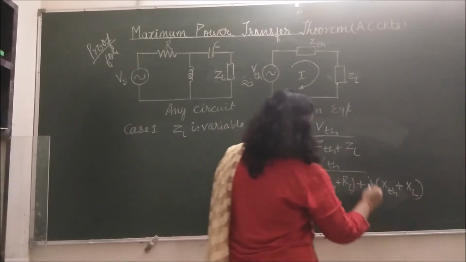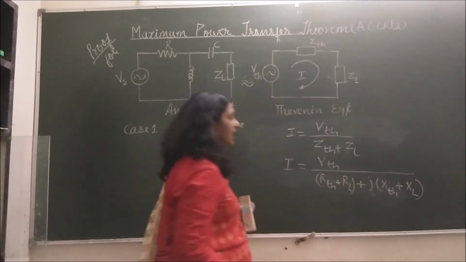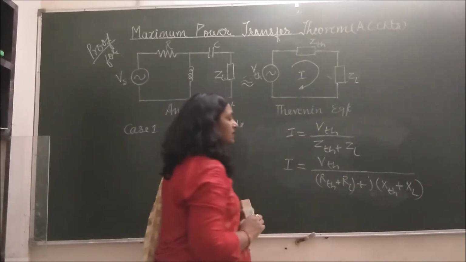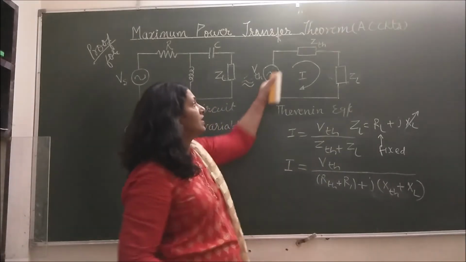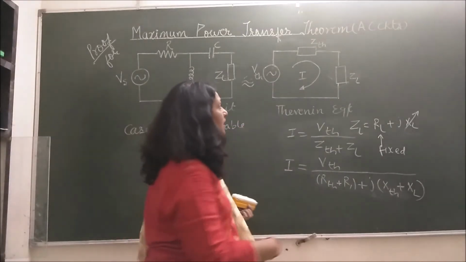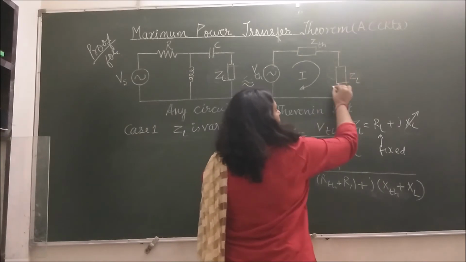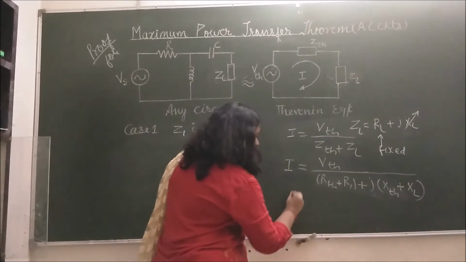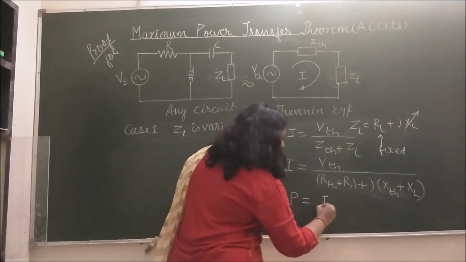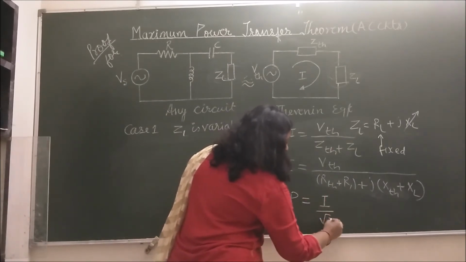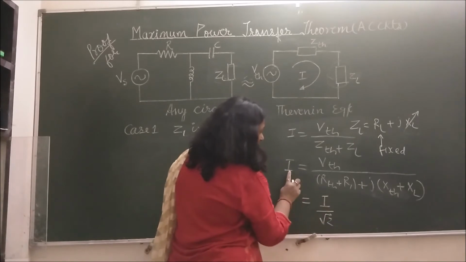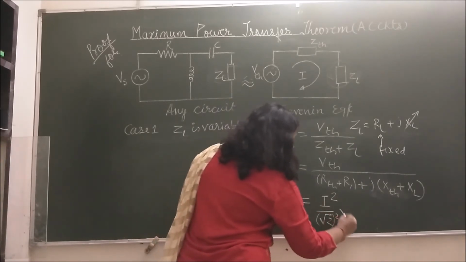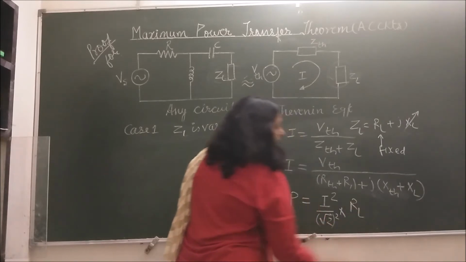This is the expanded form of the current flowing in this Thevenin equivalent circuit. Now I have to find the power dissipated across this load, and this power will be I by root 2, which is the RMS value of the current, squared, multiplied by RL. This is the peak value and this is the RMS value.